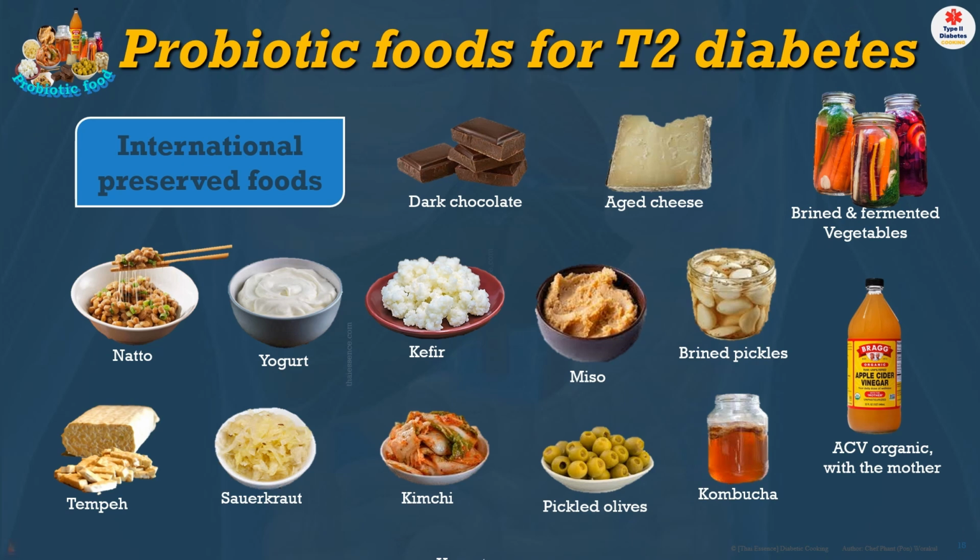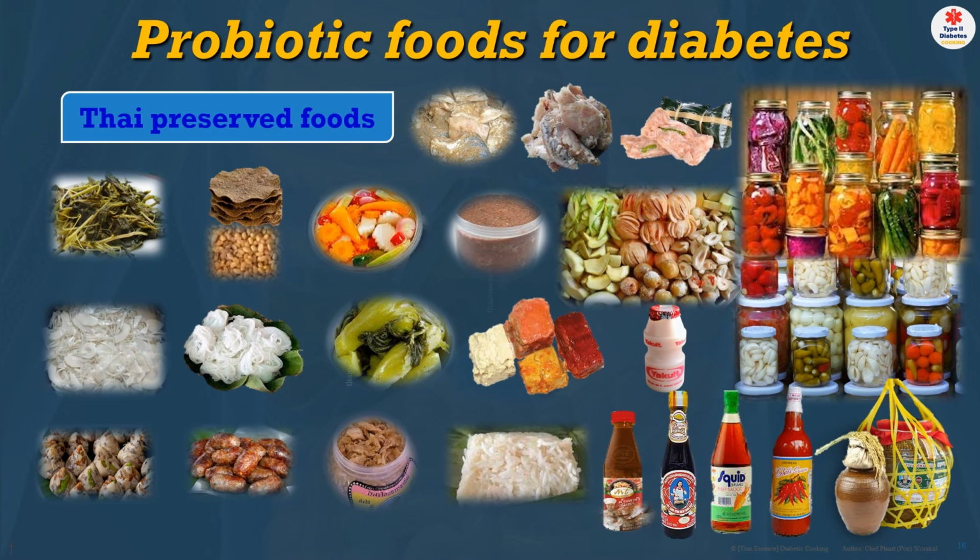Okay. Now we're going to go to really Thai preserved food, like for probiotic. So we have a lot of it, because a lot of people don't recognize it, because we preserve a lot of fruit and vegetable and fish and some meat, those kinds of things. So there's a lot of fermentation in Thai cooking too.